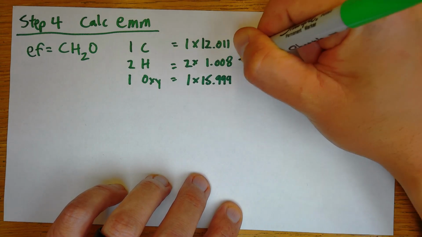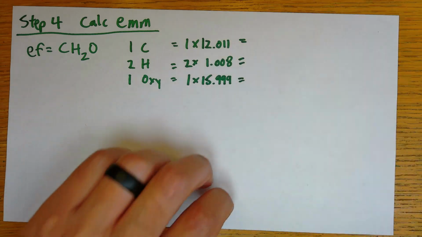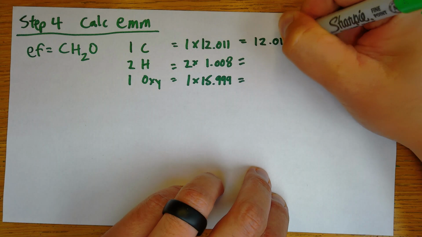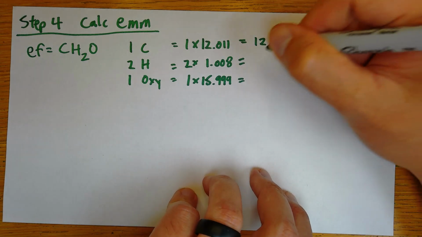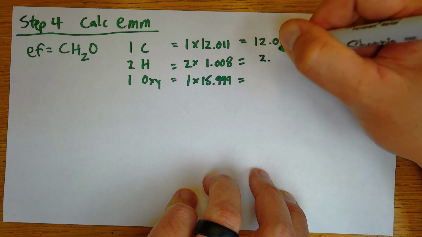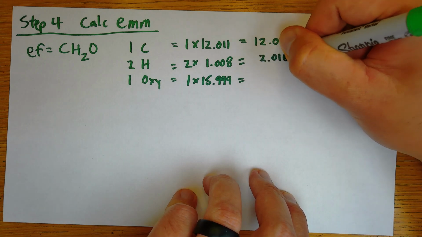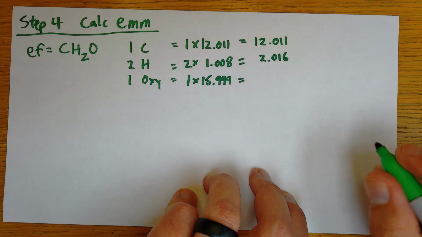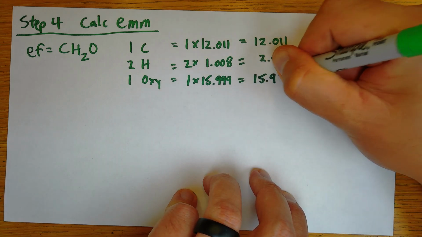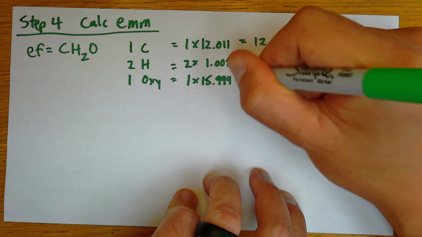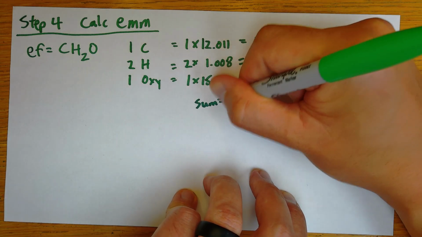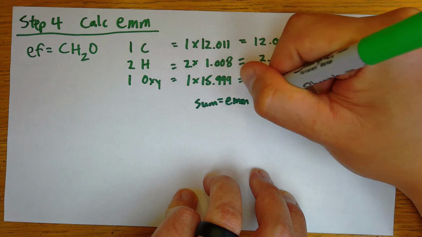Everything is in grams per mole. So our carbon subtotal is 12.011, our hydrogen total is 2.016, and our oxygen total is 15.999. The sum of all this will be our empirical formula's molar mass, EMM.